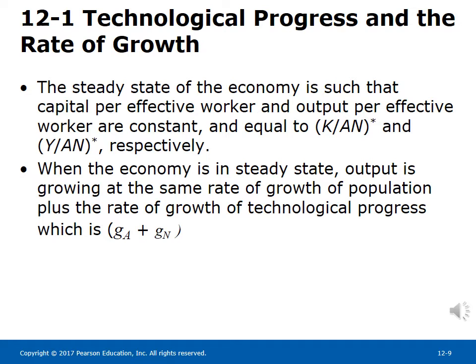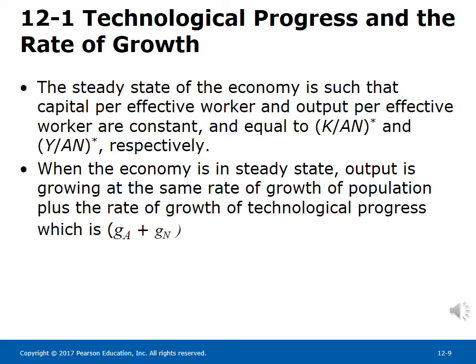Growth rate per effective worker would be given by GY minus the sum of GA and GN. In steady state, when this term is set equal to 0, we get the result that output is growing at the same rate as the rate of growth of population plus the rate of growth of technological progress, which is GA plus GN. By implication, the growth rate of output is independent of the saving rate.